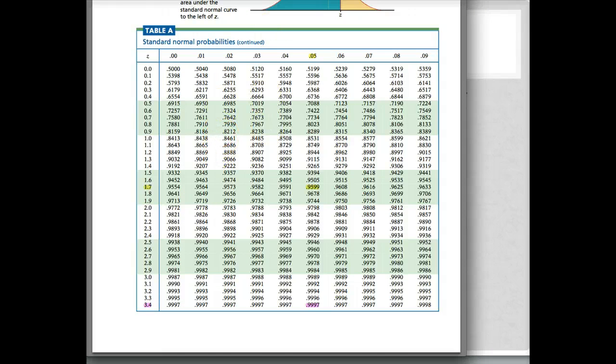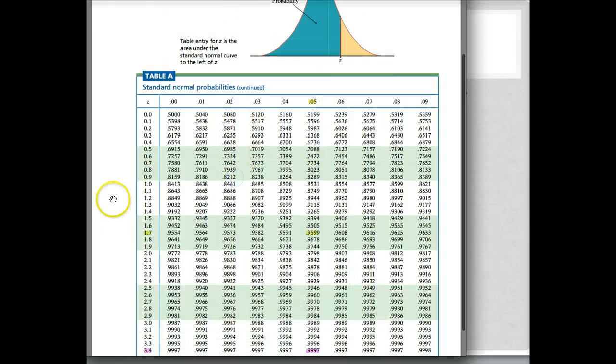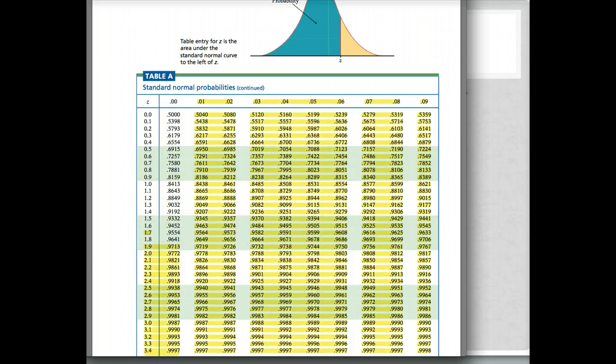So let's go over to the table and find the area for z equals 2.05. That looks to be 0.9798.